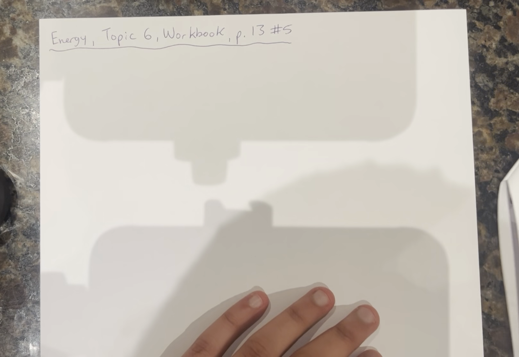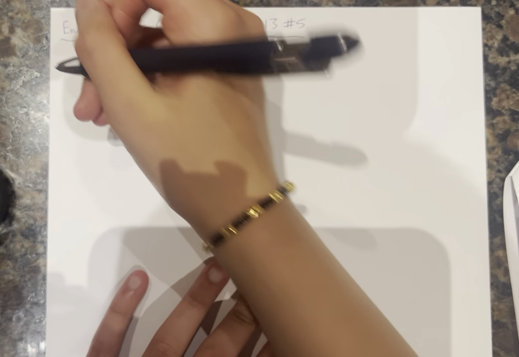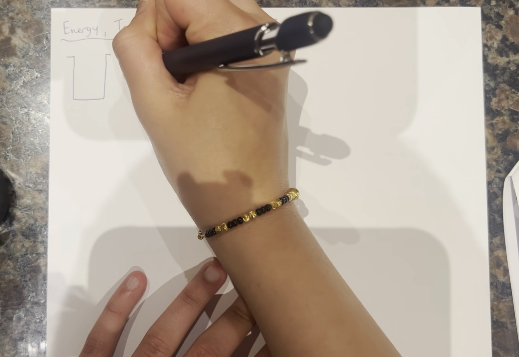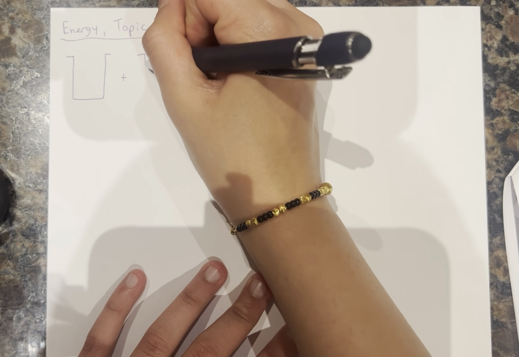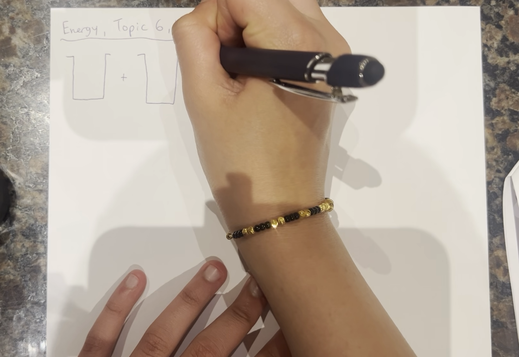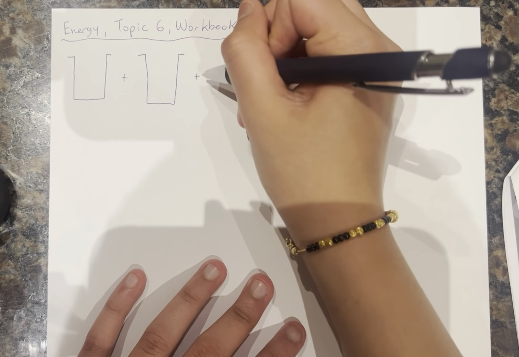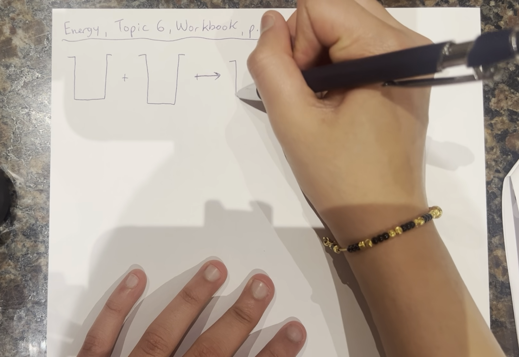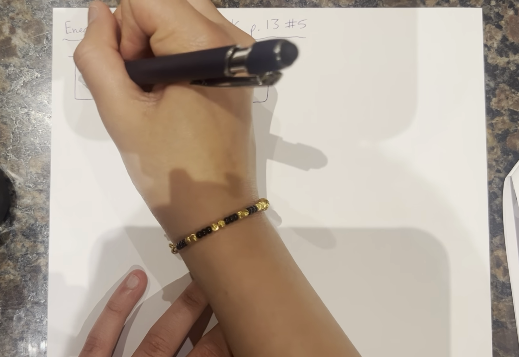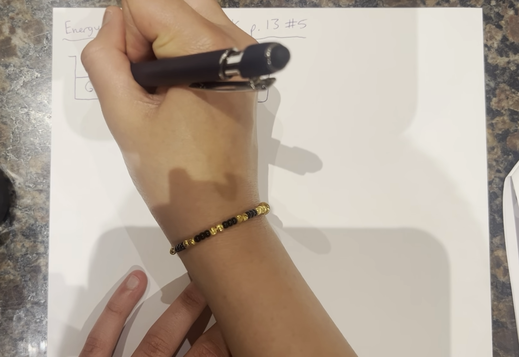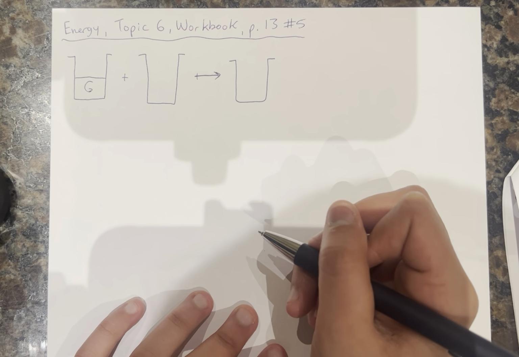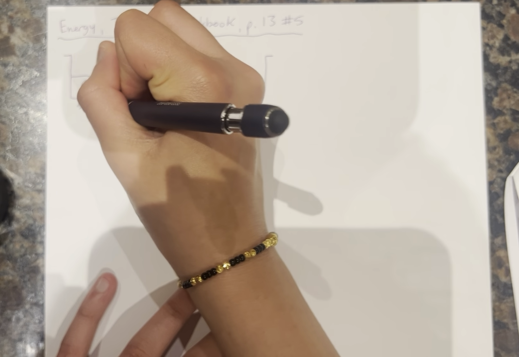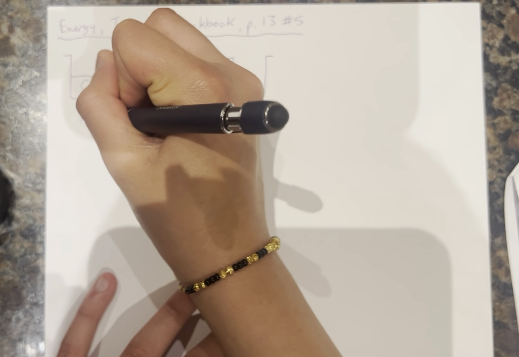So a good way to start this question is by drawing a little diagram that helps us better understand what the question has given us, and what it's telling us to do. So this is the glycerin, and we know that it's 500 grams, and it's at 10 degrees Celsius.